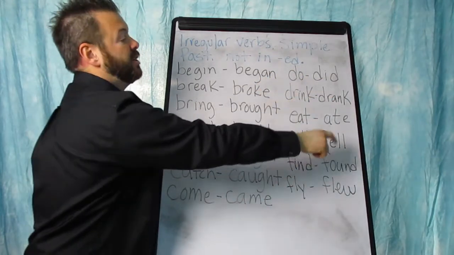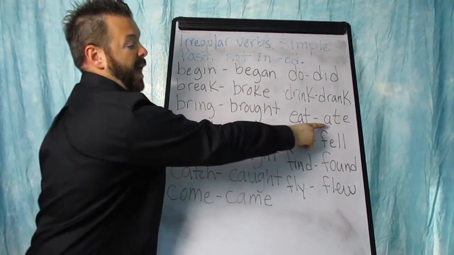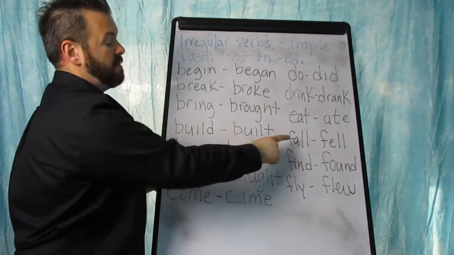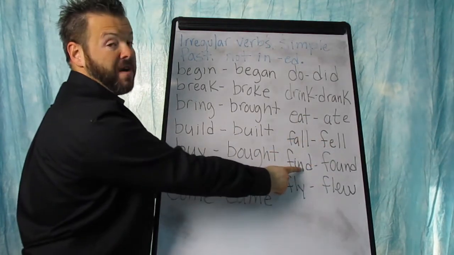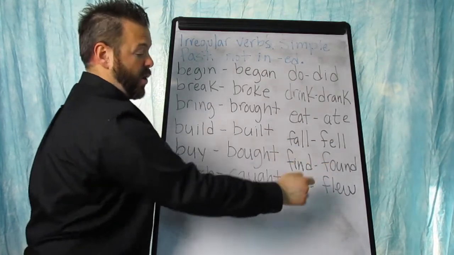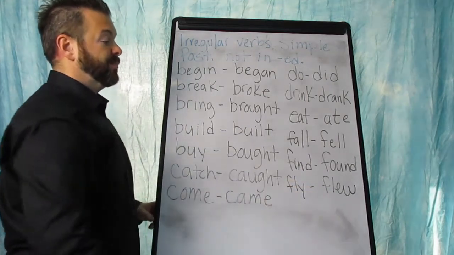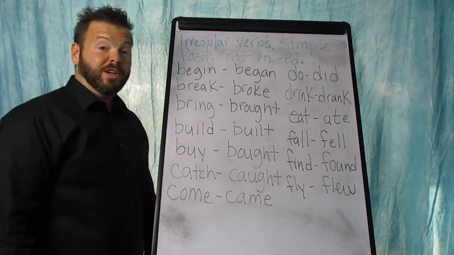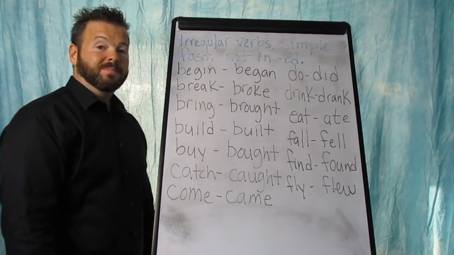Drink, drank. Eat, ate. Fall, fell. Find, found. Fly, flew. Pause the video here, write everything down, and read it to yourself.